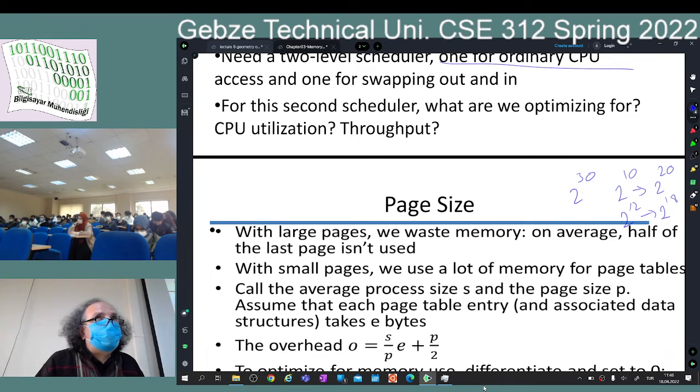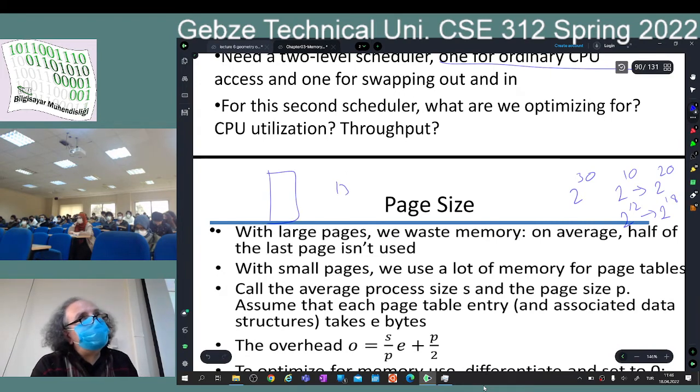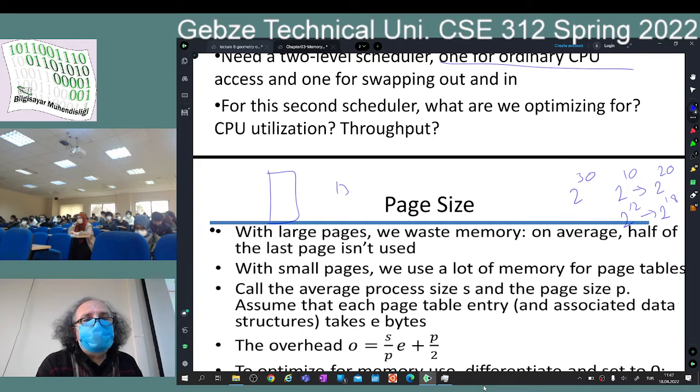But what is the downside of large page sizes? If I allocate a page, you cannot allocate half a page or a third of a page. You have to allocate a whole page, so you have to waste some part of that page. If my process is 13 kilobytes, and my page sizes are 4 kilobytes, then that means what?